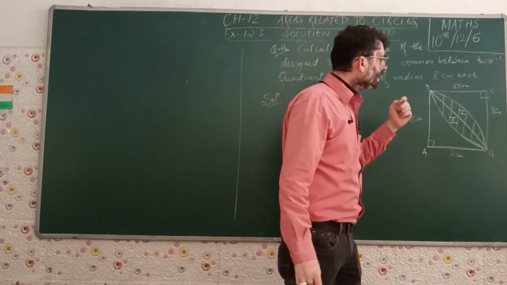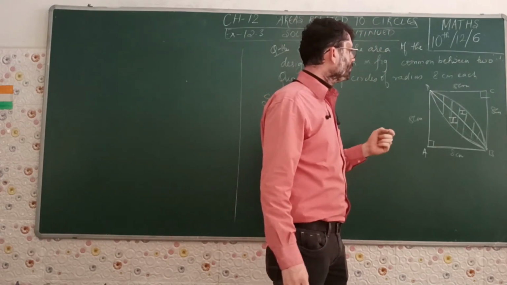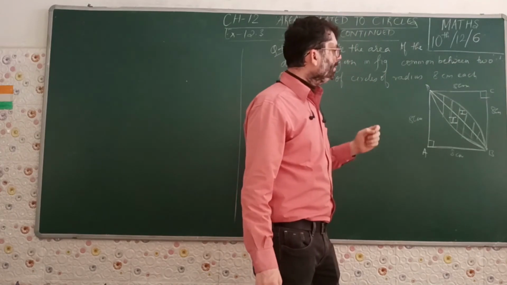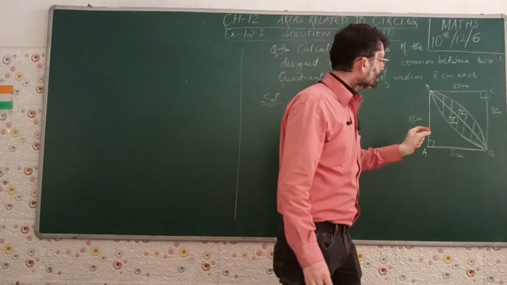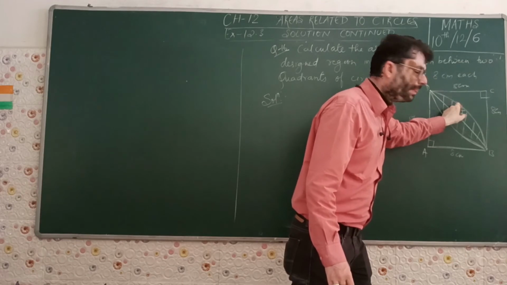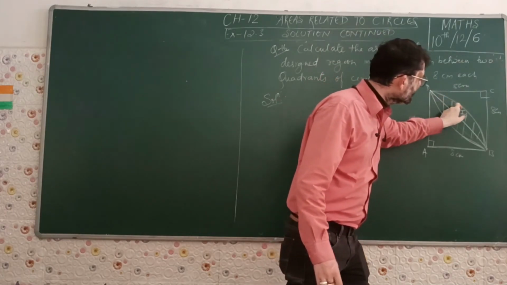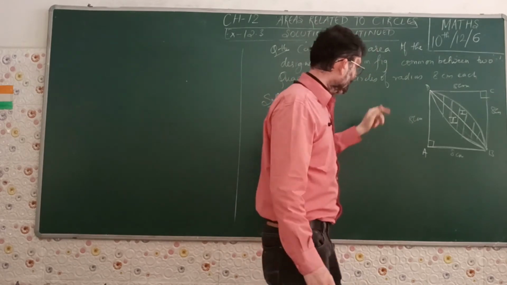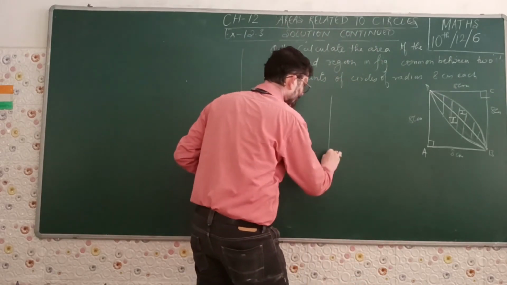Now, if you consider any one of the quadrants, suppose we consider the quadrant ABD. In ABD, if we want to calculate only the shaded region 1, what do we have to do? Let me show you in another figure.